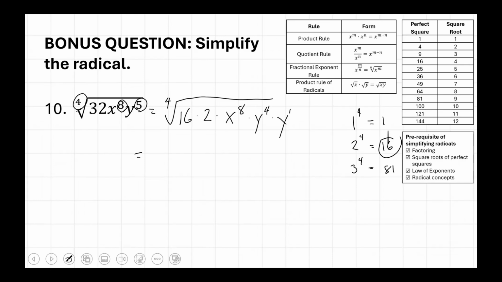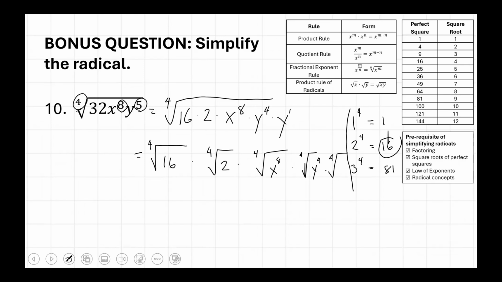Then 16 inside the fourth root times fourth root of 2 times fourth root of x raised to 8 times fourth root of y^4 times fourth root of y^1.